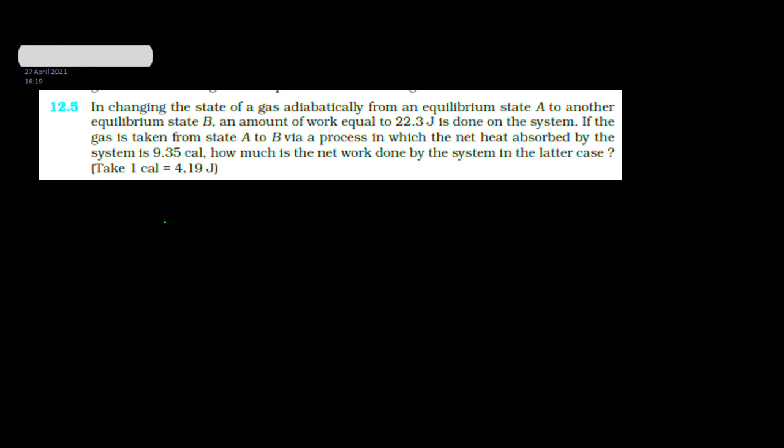In changing state of a gas, since it says gas, let us assume it is ideal for now, we will see later. In changing state of a gas, adiabatically from an equilibrium state A to another equilibrium state B, an amount of work equal to 22.3 joule is done on the system. Be careful.